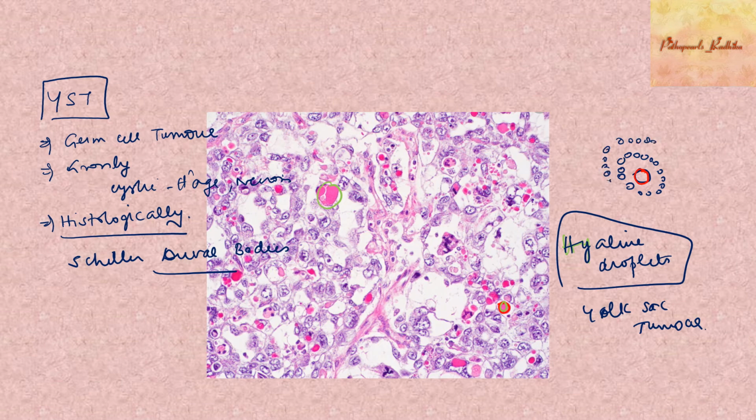Another clue is the presence of hyaline droplets. And the most important thing is you can have elevated levels of alpha fetoprotein, and it's a malignant germ cell tumor. These are the important points to remember about yolk sac tumor.